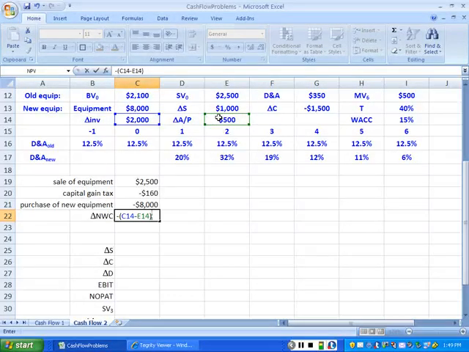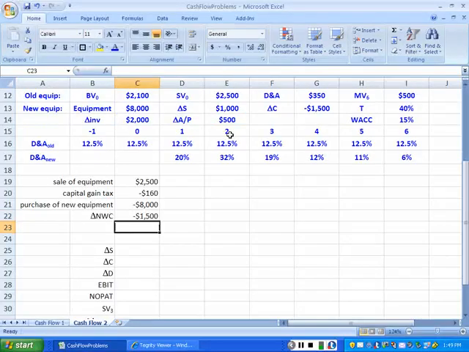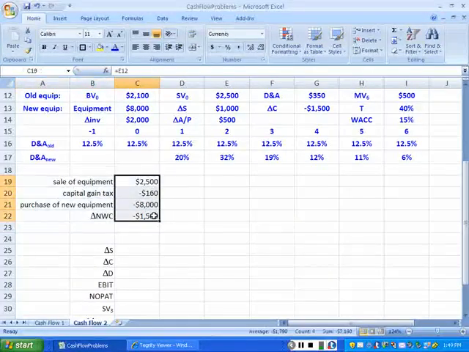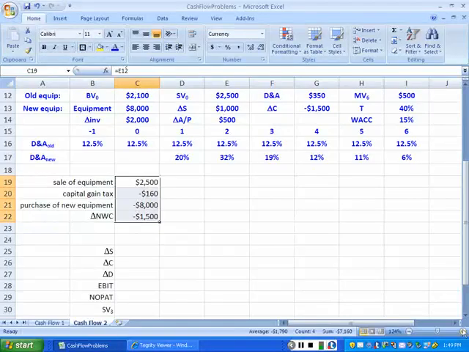In other words, we're funding part of our increase in inventories by having our suppliers foot the bill by giving us this additional credit in the form of accounts payable. But it shows up as a $1,500 cost up front here. Now, when we shut down the project, we'll turn around and go ahead and make that available. But this is what we're referring to when we're interested right here in the initial cash flows.